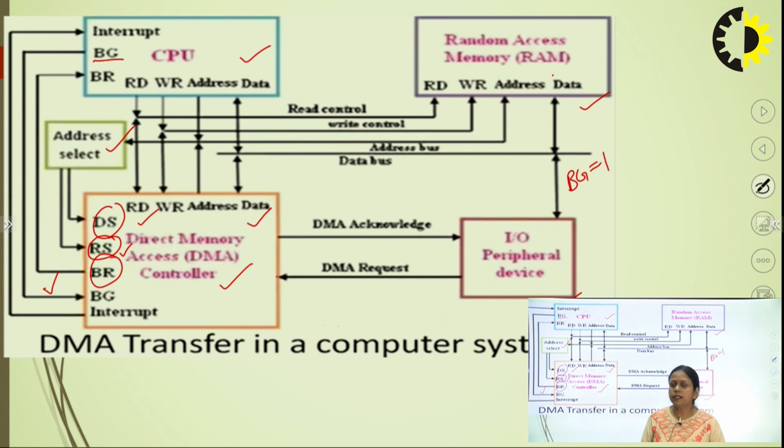Now, the CPU does not participate in the communication between these two devices, the input output device and the random access memory. Now, this DMA controller will send the DMA acknowledge. Okay, when it gets the bus grant signal, or when it gets the control of the overall buses, it will send the DMA acknowledgement to the input output devices.